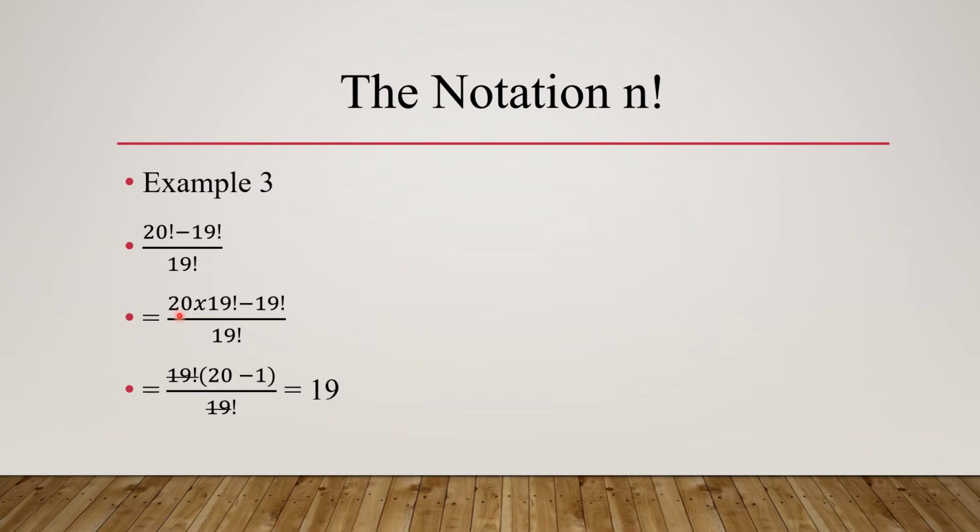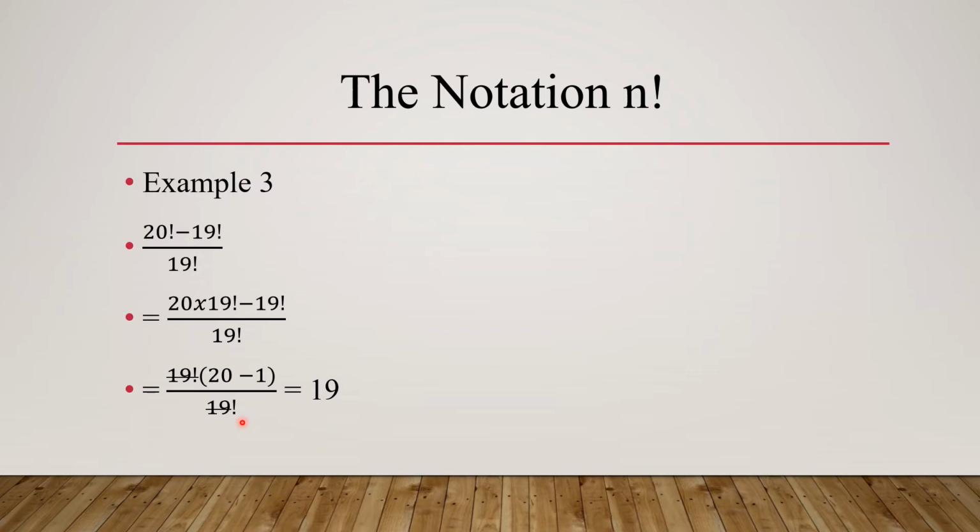We can actually just simply write 20 times 19 factorial minus 19 factorial, and we also discover we can factorize it as if this is a normal number. Take out the 19 factorial, which is the common factor, and it gives rise to 19 factorial bracket 20 minus 1, and then the lower side is also 19 factorial.